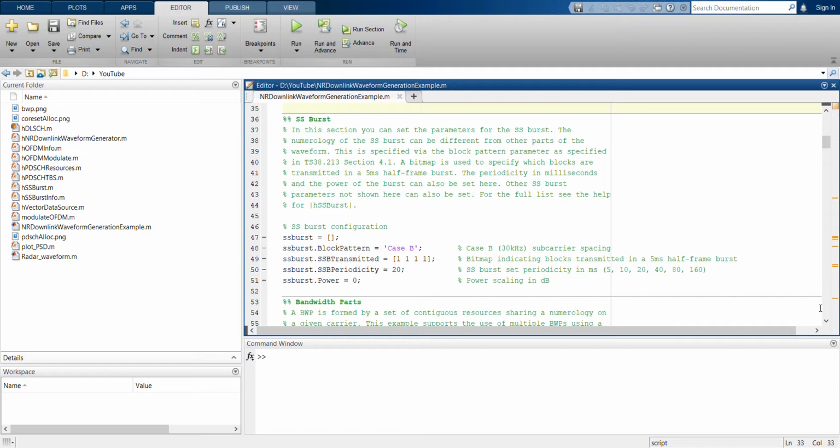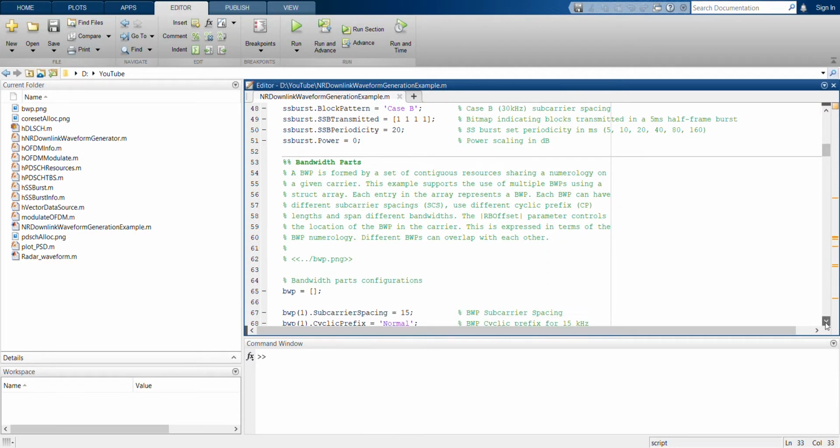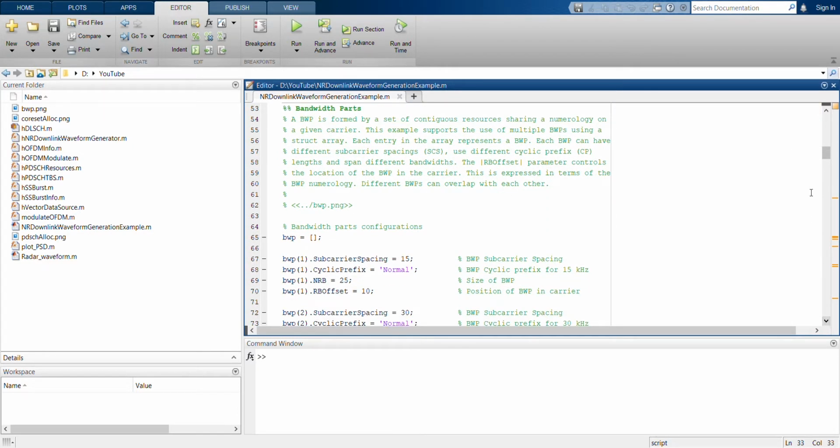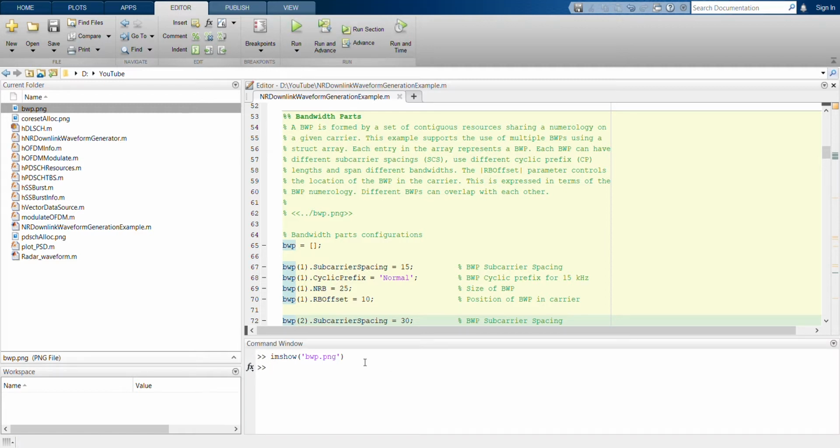The next important part is the bandwidth parts. To explain what bandwidth parts mean, here you can see this bwp.png, and let us open this in MATLAB using the command imshow bwp.png.